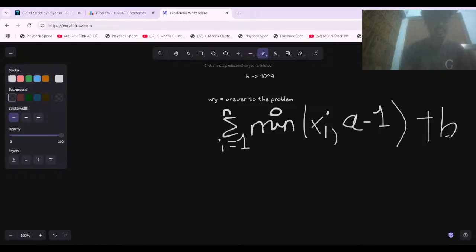But now let's try to deep dive into why this answer is correct, and where it is coming from. I think I can break this down into two parts. This is term 1 and this is term 2, right?